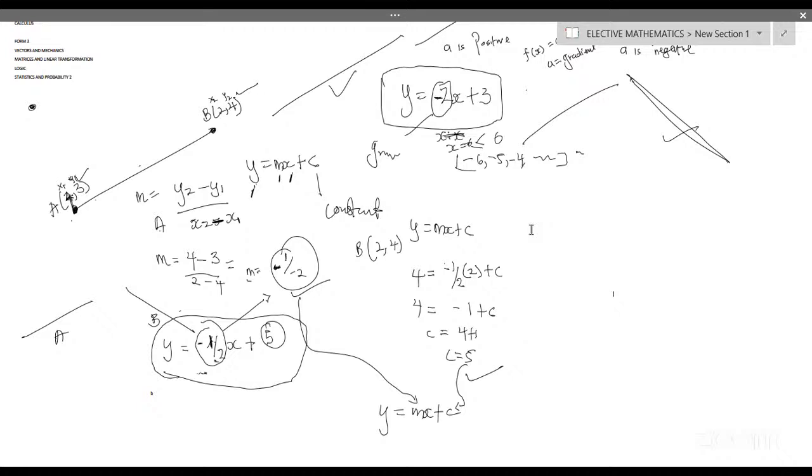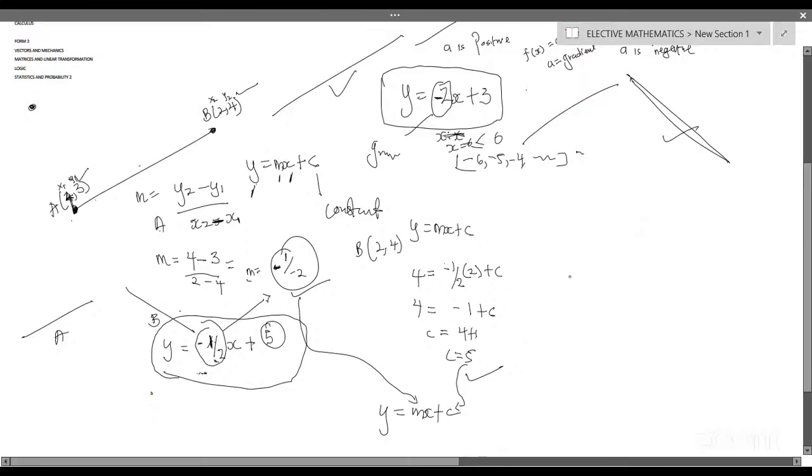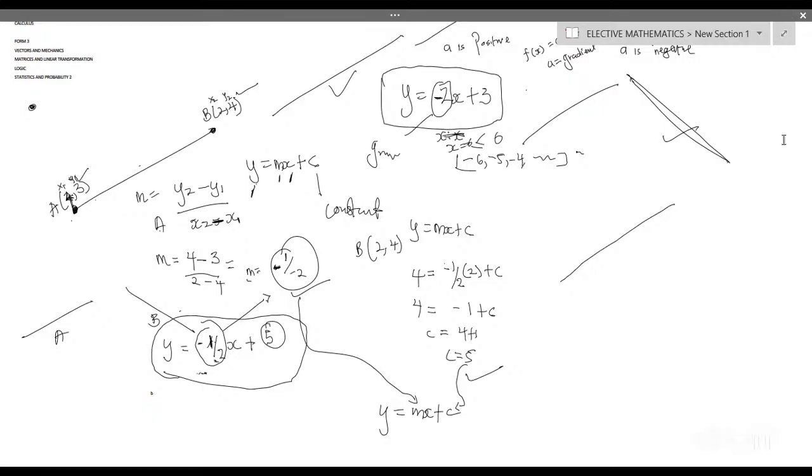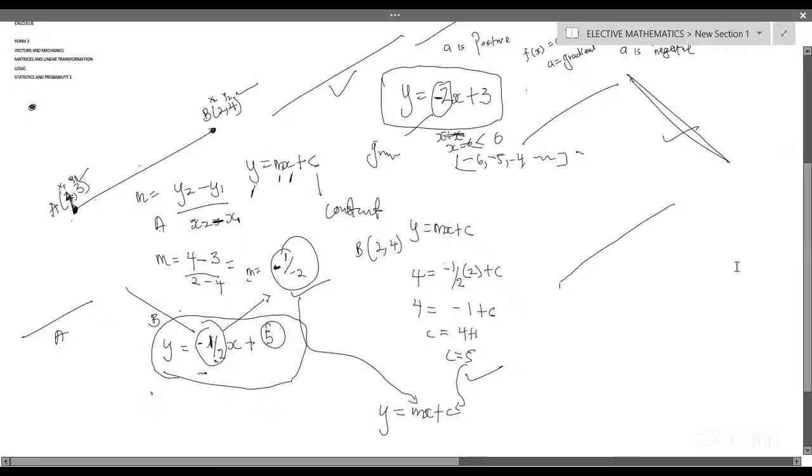So this is A, this is B. I'm giving this to be 1, 3, and this to be 2, 5. So this is the point, right?